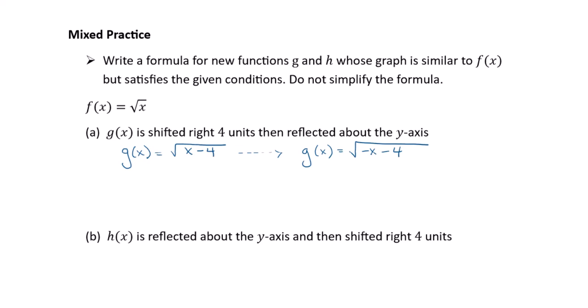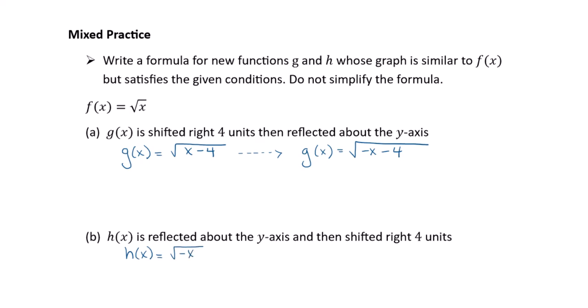Now let's say that we started with the f of x function and we want to get this h of x function. This h of x function is reflected about the y-axis, then shifted right 4 units. So again, step by step, it's reflected about the y-axis, so I'll have the square root of negative x.